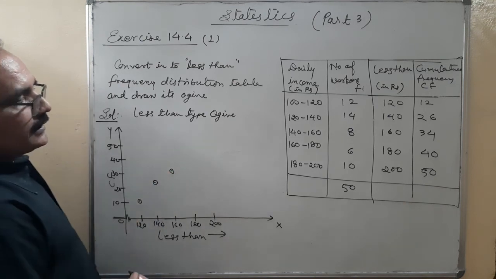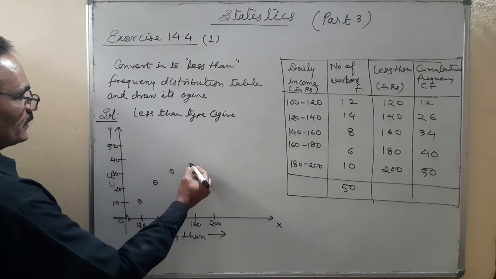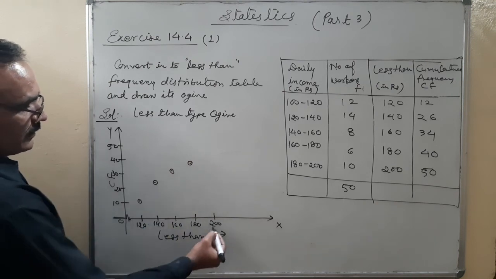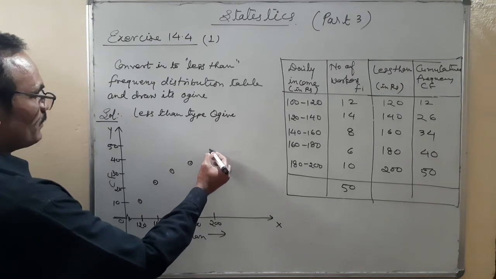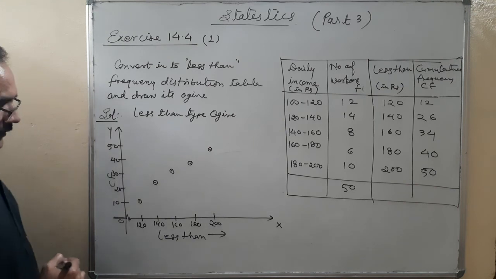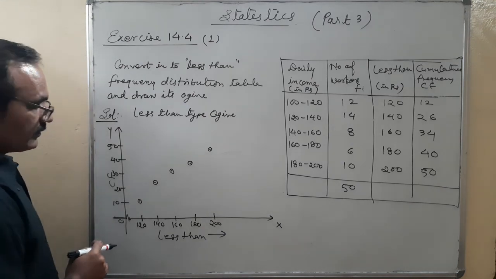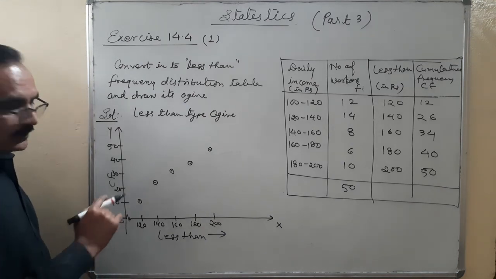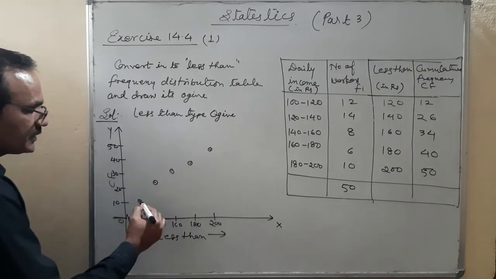And 180, 40. 200, 50. This work will be done on graph paper, then you will get the accuracy and you will get the proper ogive. These are the points. These points will not be joined by the scale. Now these points will be joined by freehand, so that the curve will be seen like this.